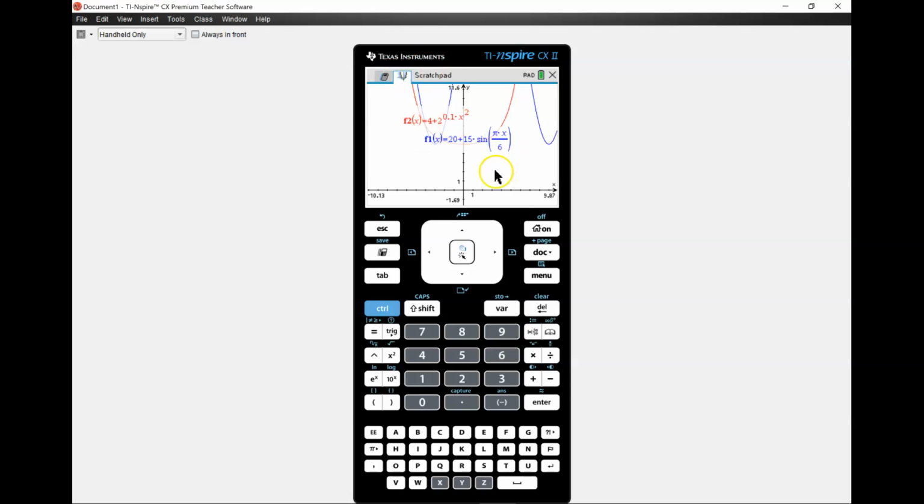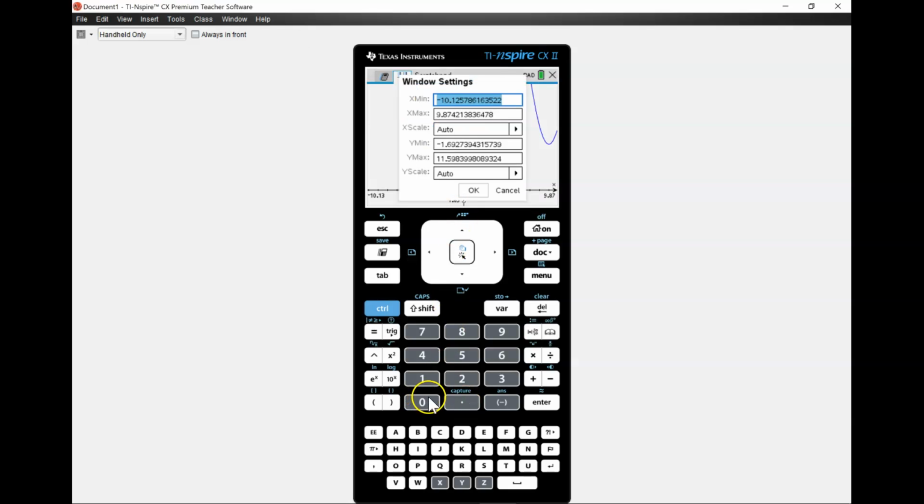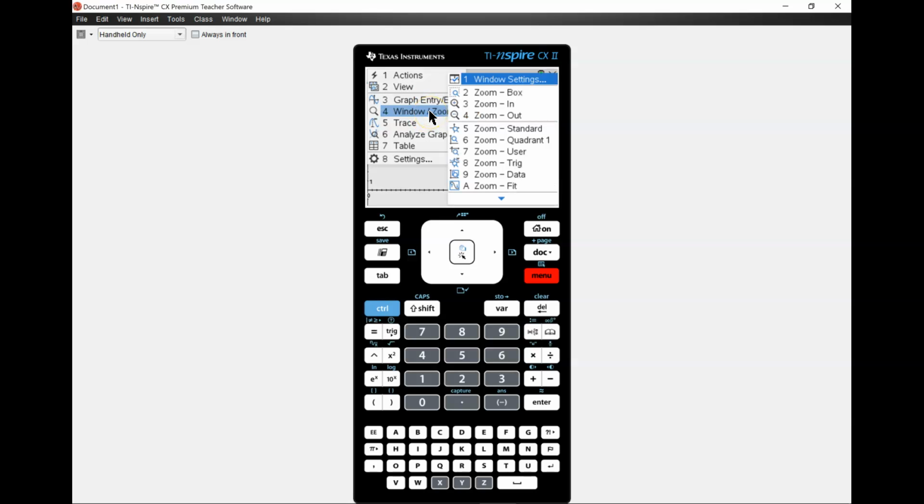Okay, this is all happening between 0 and 8. So let's just look at that part of the graph from 0 to 8. Window settings. Let's go from 0 to 8 here. Okay? And let's make the y values a little bit bigger.